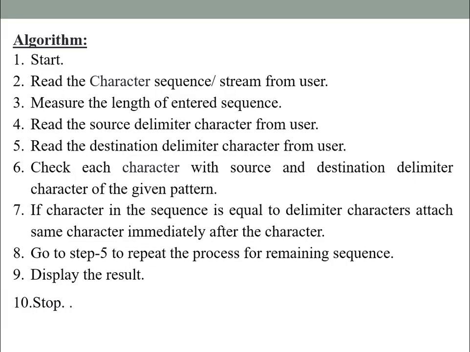First I need to read the characters from the user and measure the length of the input. Next I need to read the source delimiter character from the user, and also the destination delimiter character, and then check each and every character against the source and destination delimiters of the given pattern.